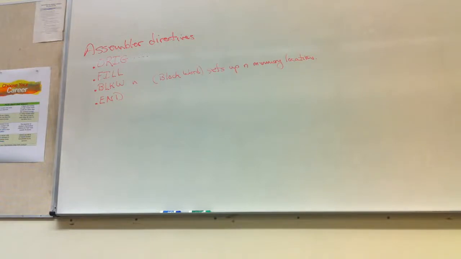What the .end tells the assembler is there are no more lines for this program. If you put memory locations with labels on them after this for storing data, you'll never see them. They won't be there. Because when the assembler sees .end, it quits.